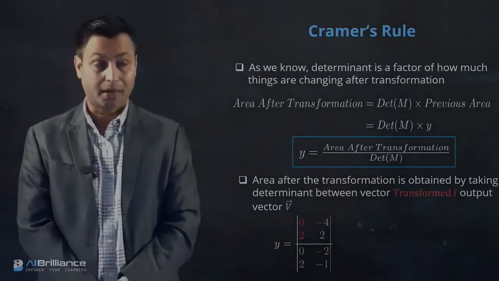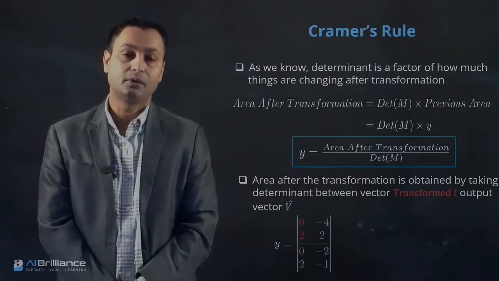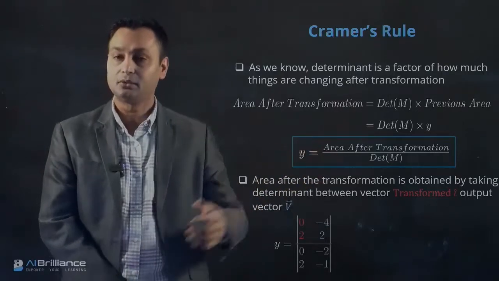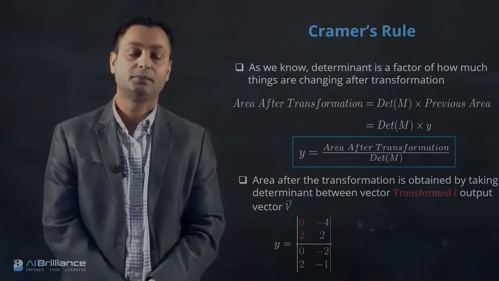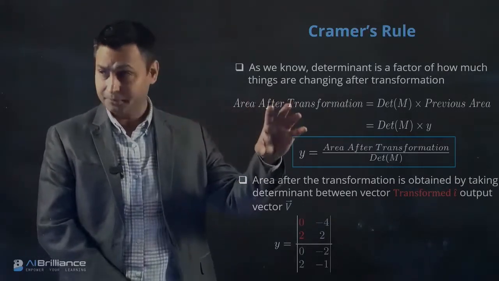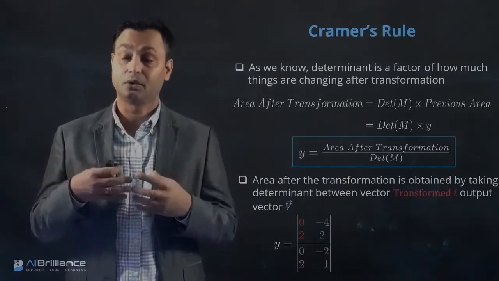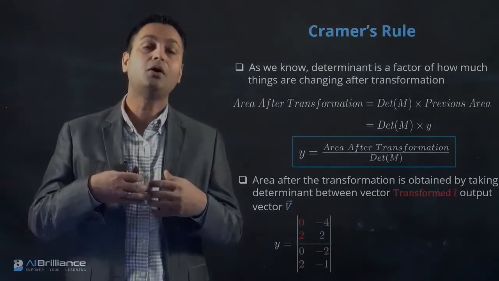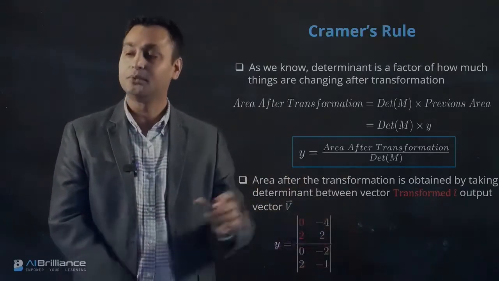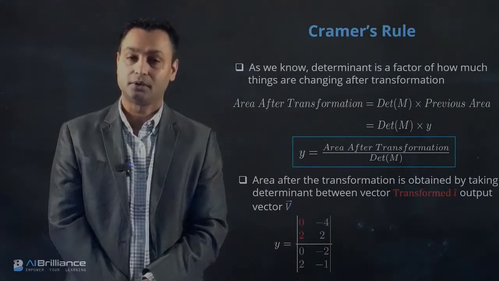And this is exactly how these intuitions can be scaled to higher dimensions. For example, if you have 3 variables and 3 equations, then rather than a parallelogram, you will have a parallelepiped volume, and you can use the extension or shrinking of the volume in 3 dimensions, and that will help you come up with the equations for solving 3 variables, 3 equations.